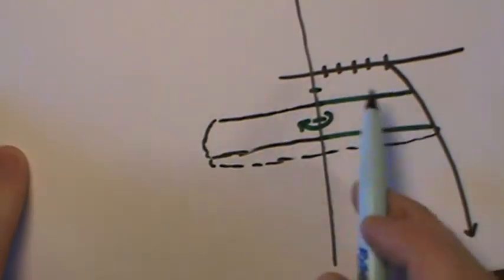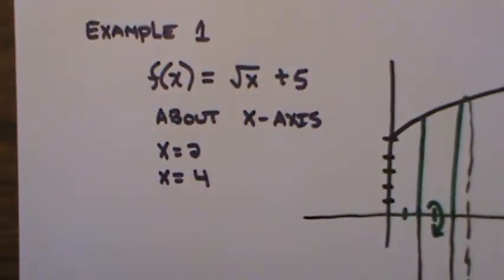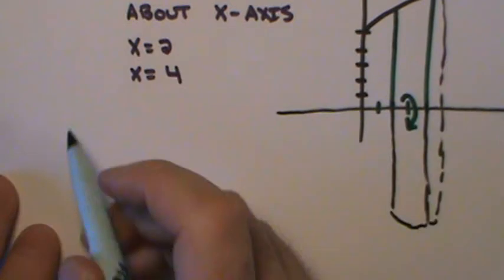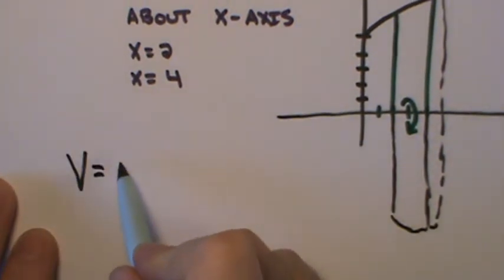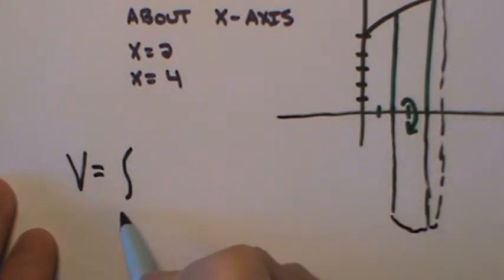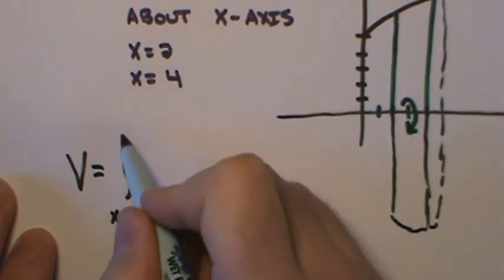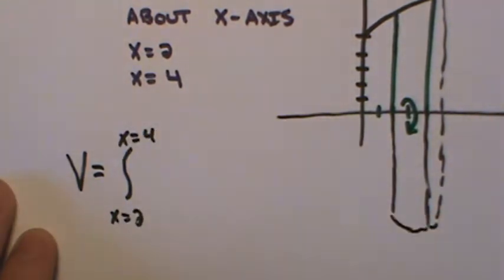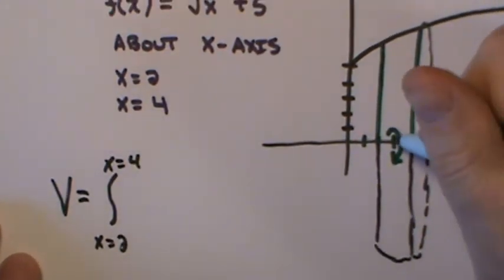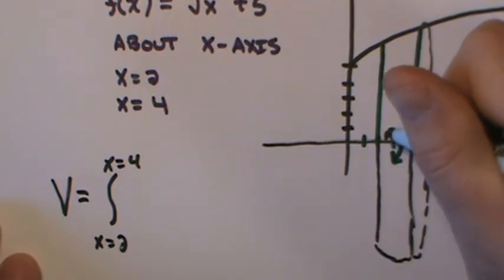It's being a band right there. Now, in order to do the calculus, I'm simply going to say my volume is equal to the integral from x equals 2 to x equals 4. My radius, I have to go from my axis of revolution and determine what that radius would be.